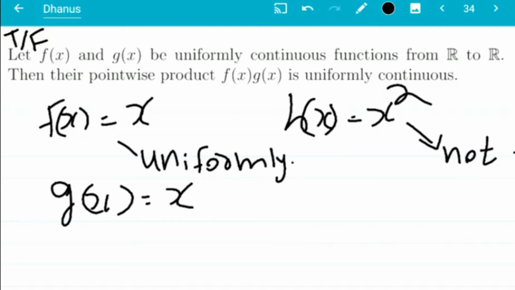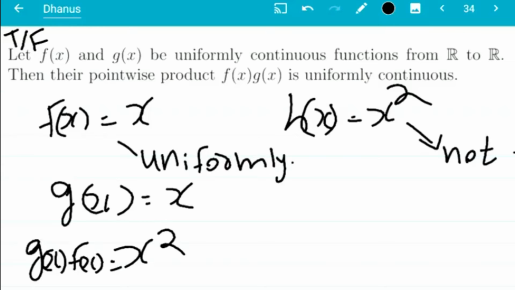Then their product g(x) times h(x) is equal to x square, which is not uniformly continuous. That's why this statement is false.